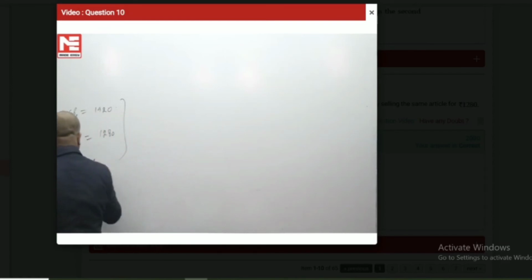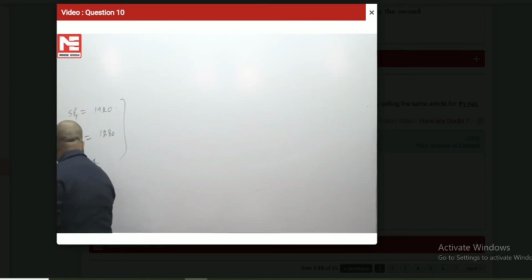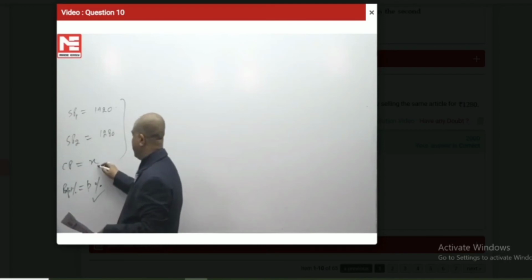Let me take CP as X, and he is saying whatever profit percent is happening here, the same loss percent is happening here. So let the same profit percentage or loss percentage be equal to the variable P percent.